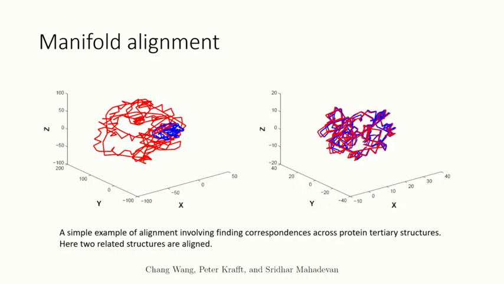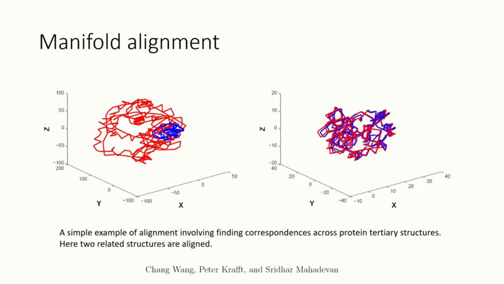Then you give this block matrix to the eigendecomposition, and it will give you the projection. So it's pretty simple. This will be given to an eigenvector problem. You will get the projection from the two data sets.